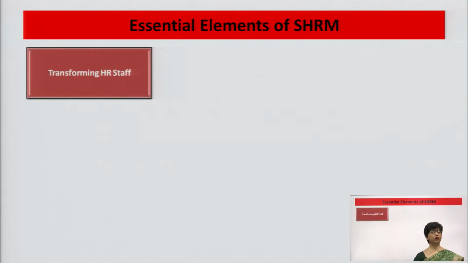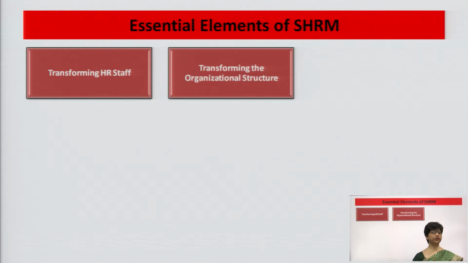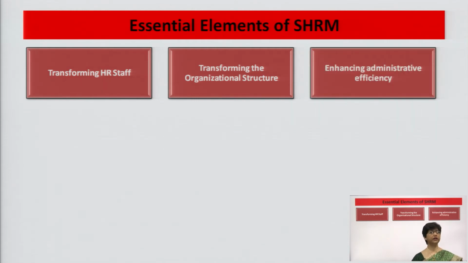Now, let us see what the key elements of SHRM are. When we talk about strategic HRM, we are talking about the transformation of the employees within the organization as well as the HR staff. We also focus on how the transformation happens in the organizational structure, and on the factors that are helpful for enhancing administrative efficiency.